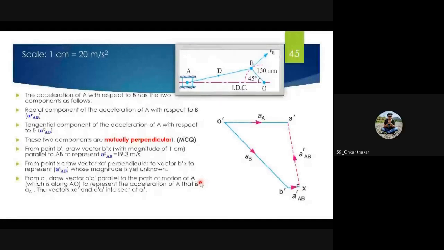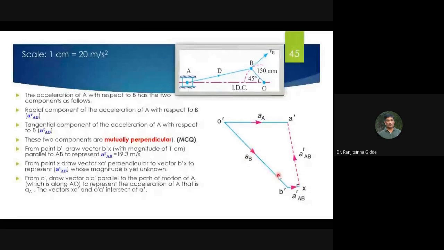Completed. Okay. So now just by observing the acceleration diagram, whatever we have drawn, you can see that this is AB.